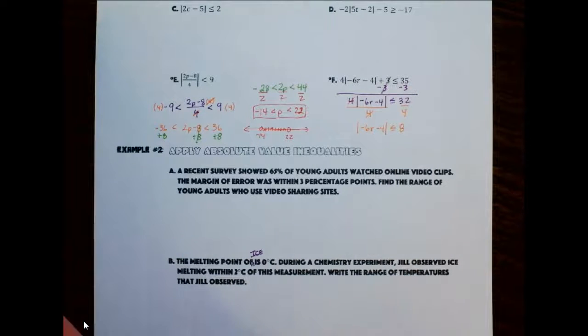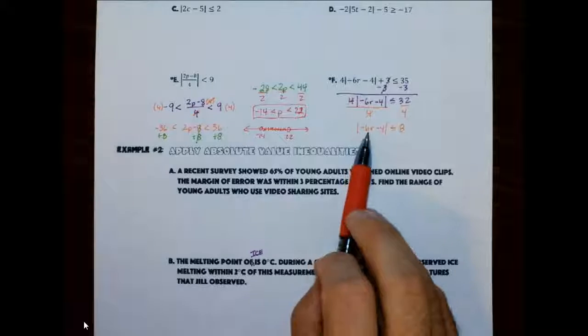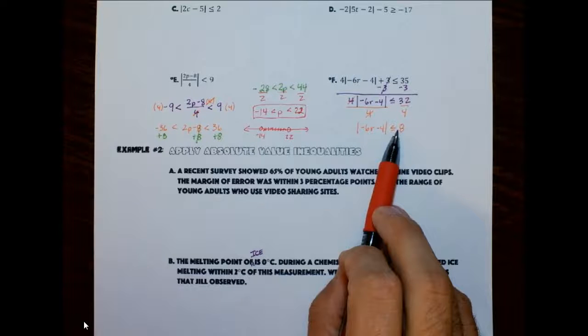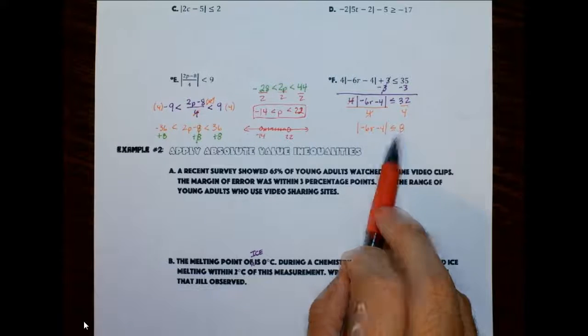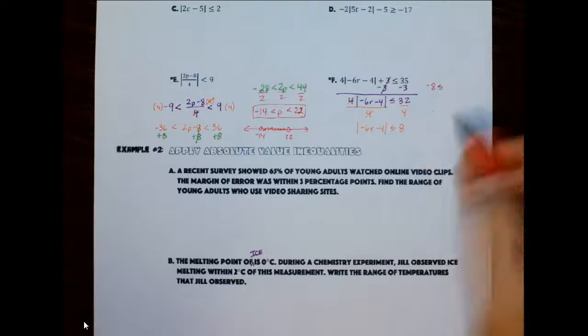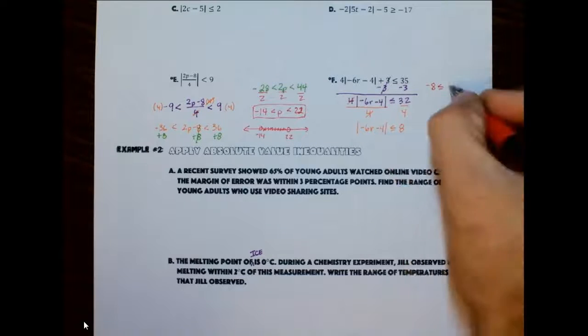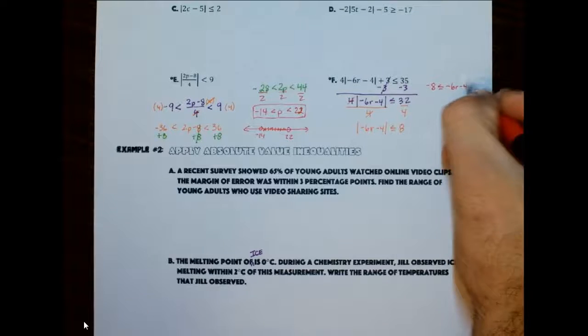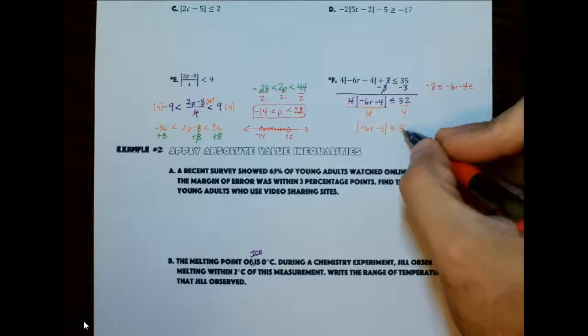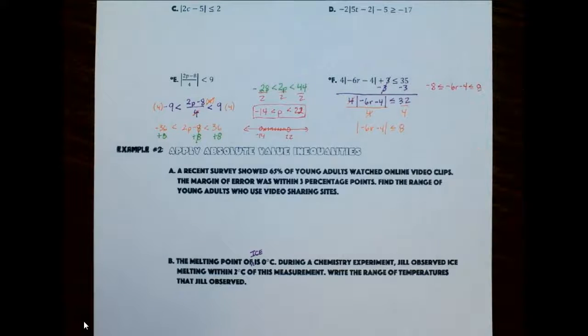Now, just because I have a negative inside of the absolute value bar, that's okay. You cannot just have this number be equal to negative. So I want to take the opposite of this number, negative 8, put it on the far left. Write your inequality symbol, negative 6r minus 4 in the middle. Another inequality symbol, and then exactly the number that you see, which is 8.